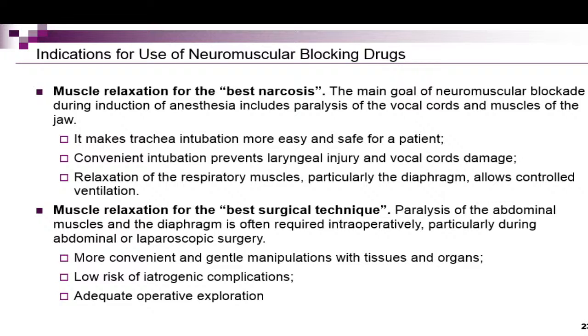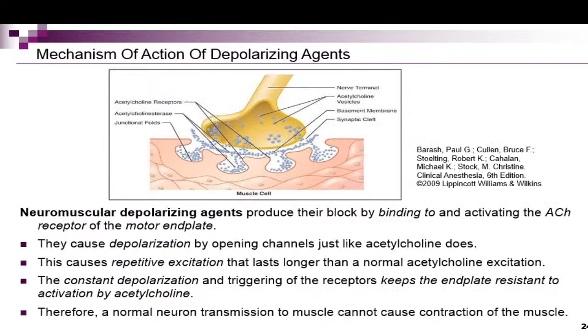It's low risk of iatrogenic complications, damage of internal organs by mistake, and it provides adequate operative exploration. The surgical team has very good ability to explore the affected site more precisely and perform the surgical maneuver with best quality.